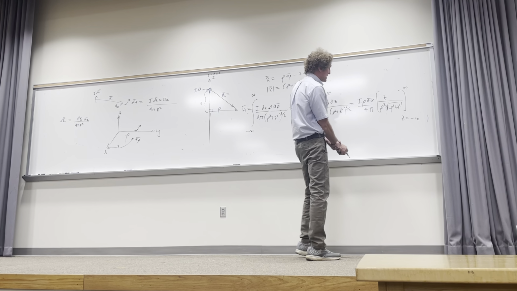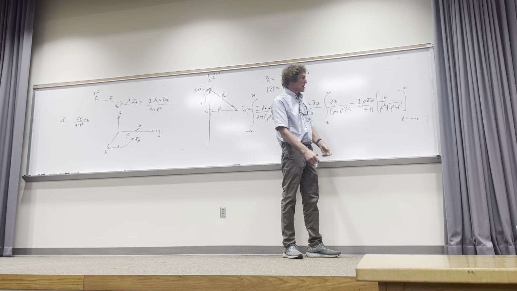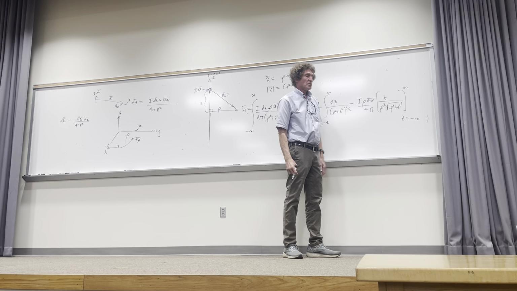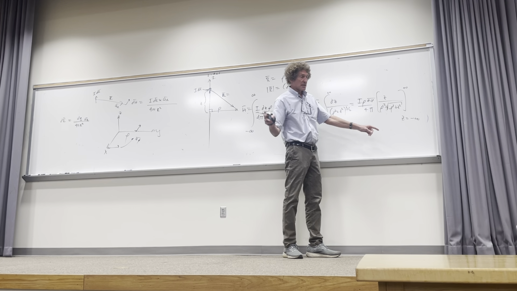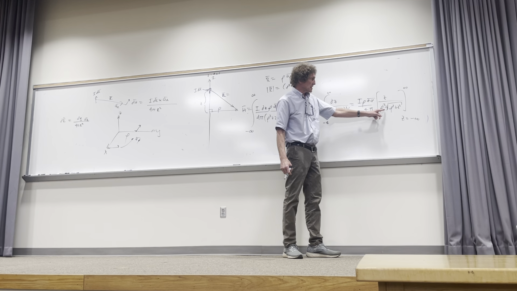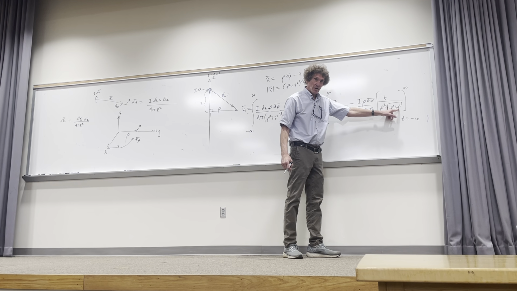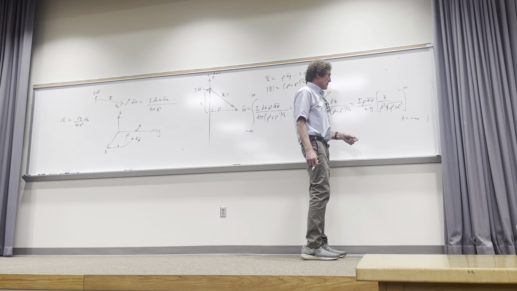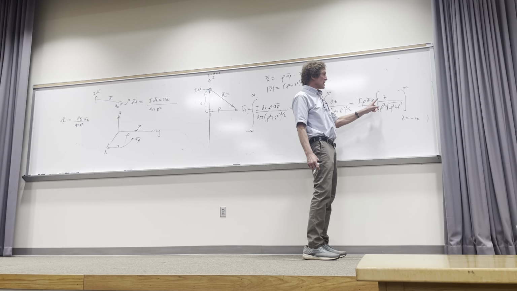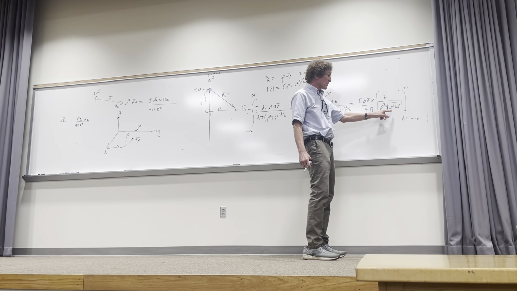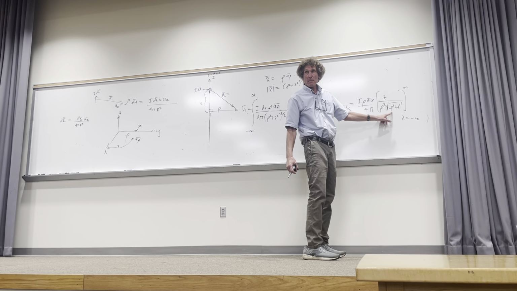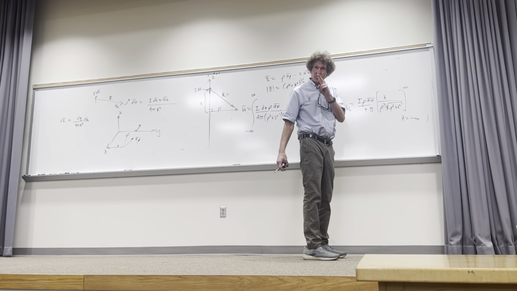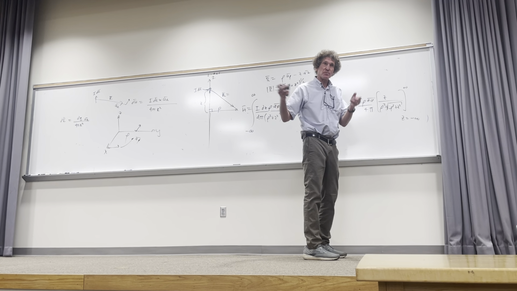Now what happens, just take a look at this for a second. What happens to this when you let z go to infinity? When it goes to infinity, I got infinity over the square root of infinity squared, or infinity over infinity, or 1. Then minus, then z goes to minus infinity, so it's minus infinity over infinity, or minus a minus 1, which is going to be plus 1. 1 plus 1 is 2.